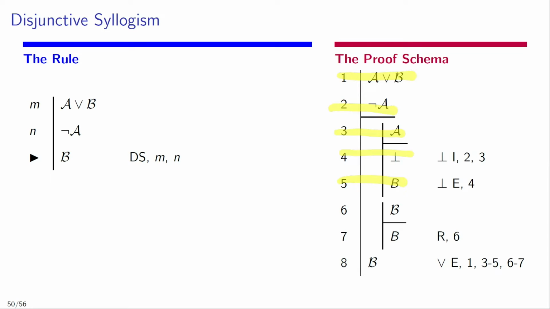And we can set up a second subproof that starts with the assumption that B and simply reiterate B. And then we can infer B by citing disjunction elimination as applied to line 1 that contains our disjunction, and the two subproofs from 3 to 5 and from 6 to 7. So that's the proof schema that establishes that disjunctive syllogism is a valid rule of inference.